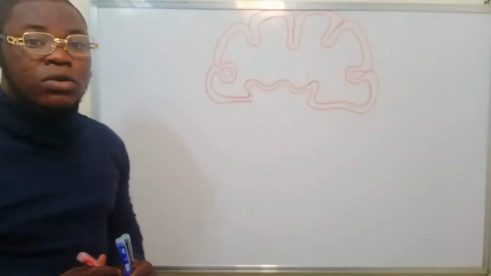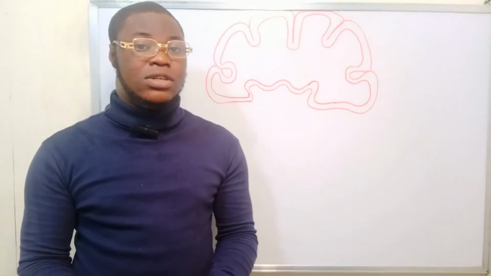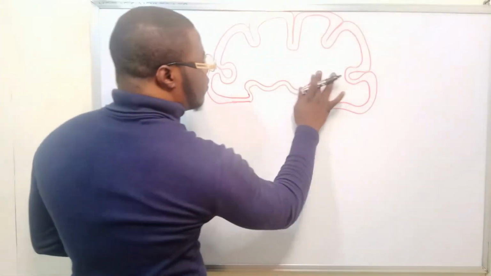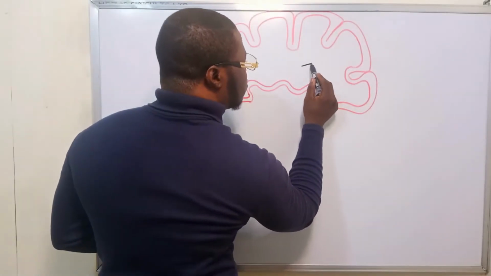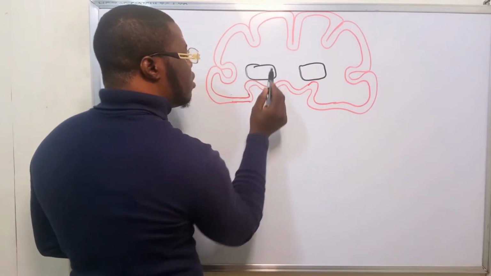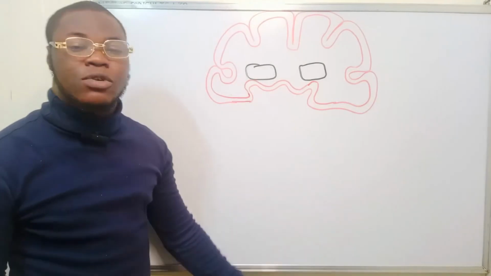Now, you've known that this is the cerebrum, like a person looking at you, an anterior view. And now the point is that we have some structures here. I've told you about that before. And these structures are called the what? The two thalami, the plural for thalamus. So each of them is called the thalamus.